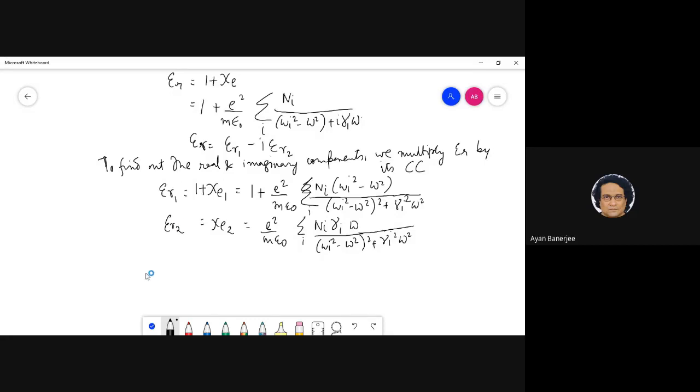So let us just consider a particular mode, a particular i, which corresponds to some resonance frequency omega naught. What we want to see is around omega equal to omega naught, how these two behave.